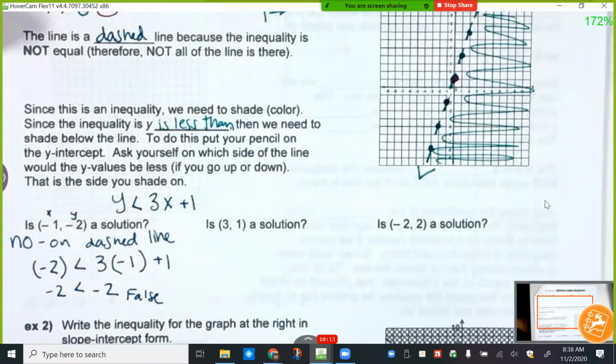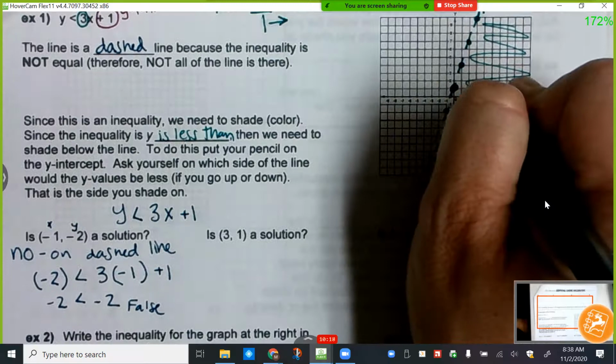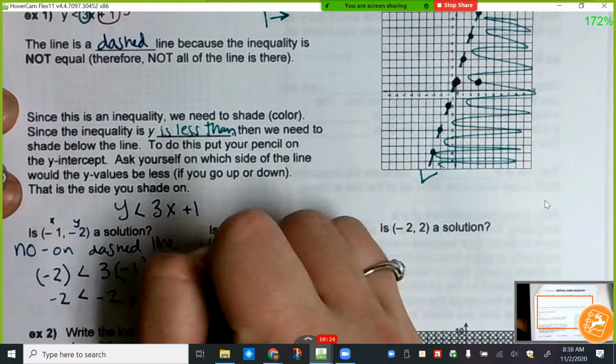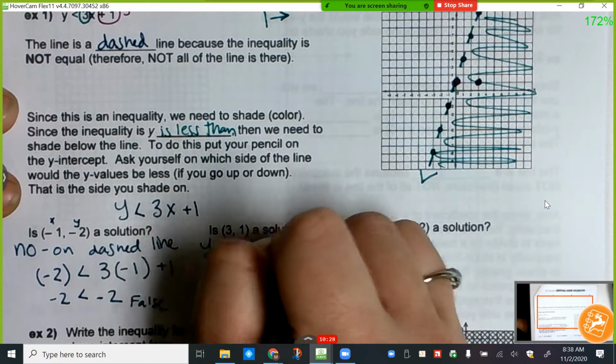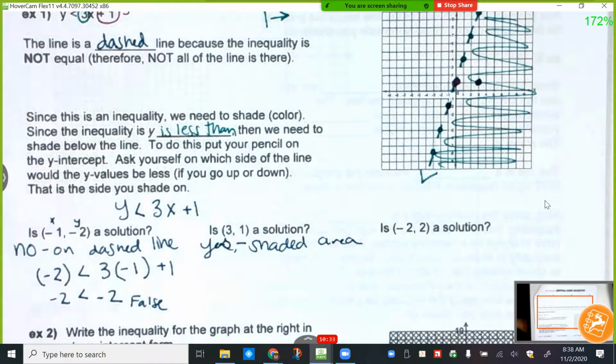So the next one says, is 3, 1 a solution? So if I go to 3, 1, where is that? In the shaded area. So should it be a solution? Yes. So then again, we're going to prove it.